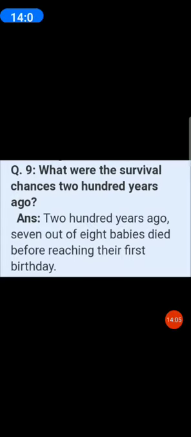It means that survival chances were very less, or in other words, we may interpret this sentence that in the past, about 200 years ago, there were not much medical facilities, and most of the children or young babies died during the first year of their birth, and the mortality rate or the death rate was very high.